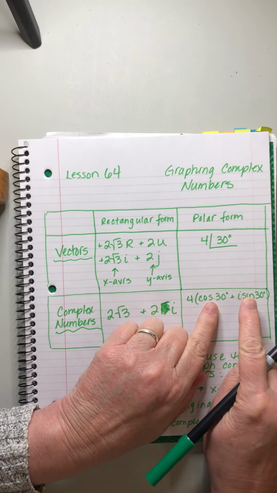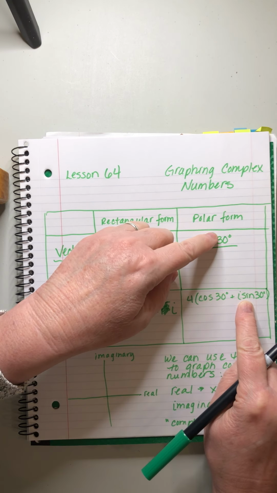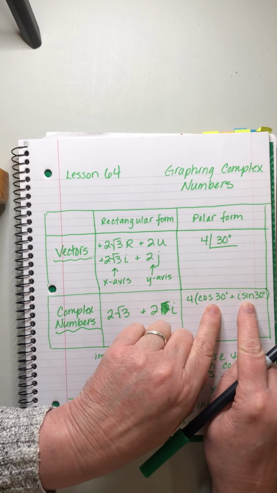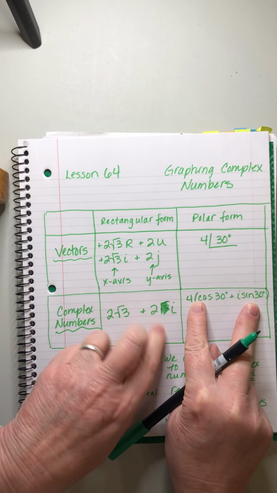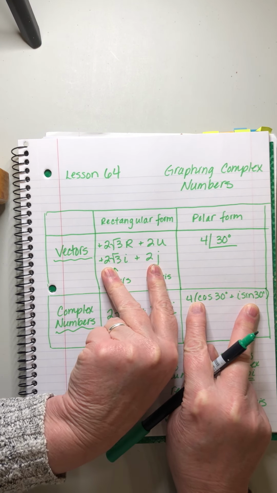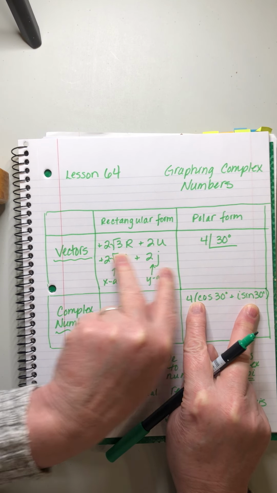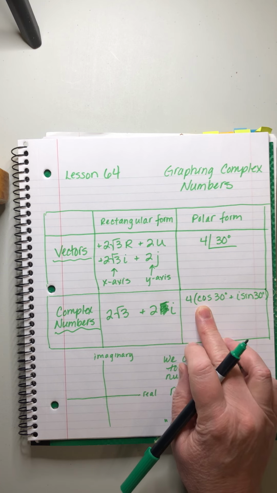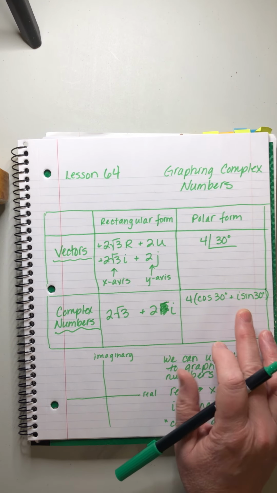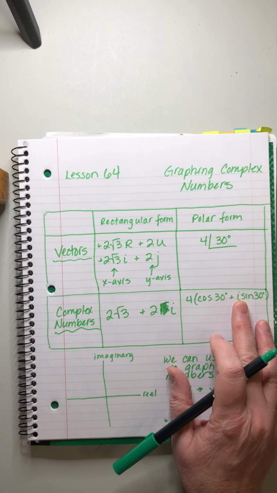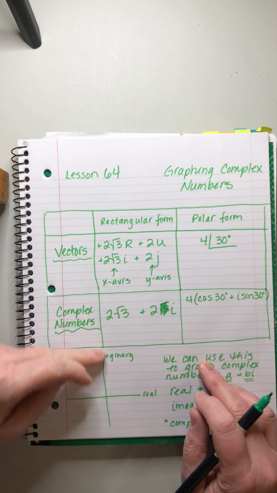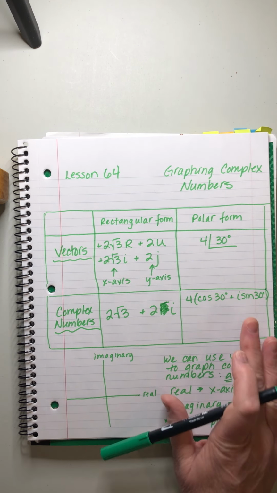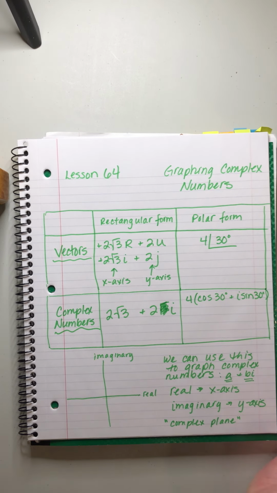This is another way of helping us make a distinction between this format and this format. And we know that this makes sense because we use this kind of calculation when we're converting back and forth between polar and rectangular. We've done that. We know that sine would be on the imaginary part, right? Because sine gives us the up and down measure. So this kind of makes sense, but it's so cumbersome.